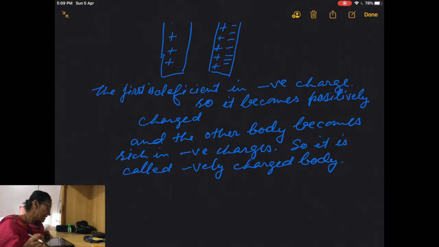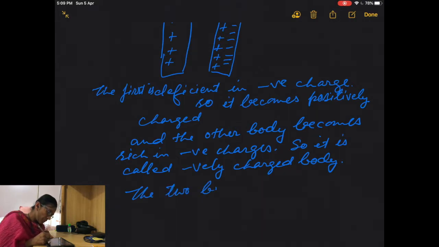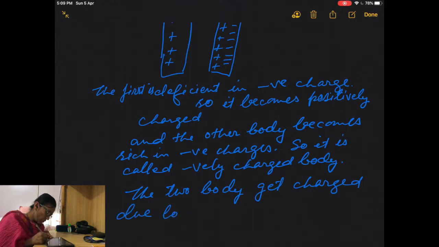The two bodies get charged due to friction.